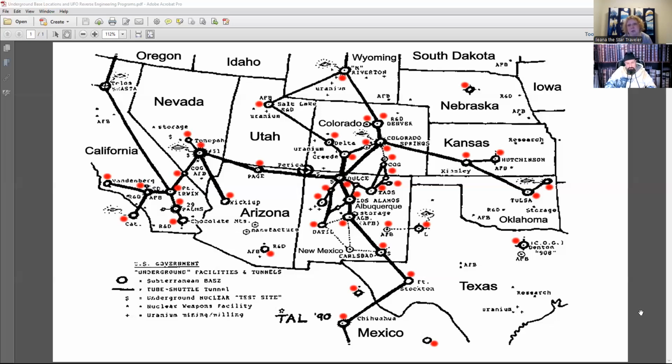And I cleaned it up. I put in the names of the states, and I also put red dots beside and under the black circles and dots that represent these secret facilities in the US, so that we can more easily look at this map and see, okay, say for example, if we're looking at Colorado, if we're looking at Denver, what's underneath Denver?